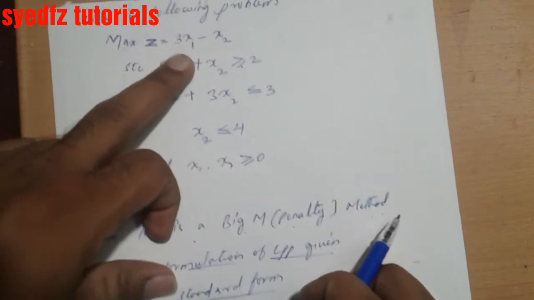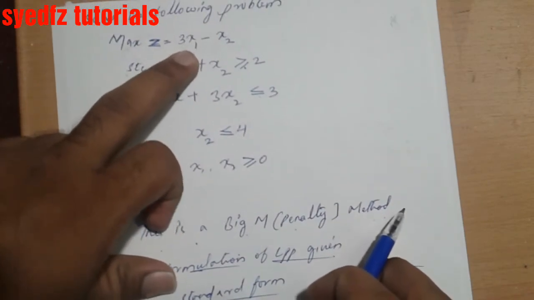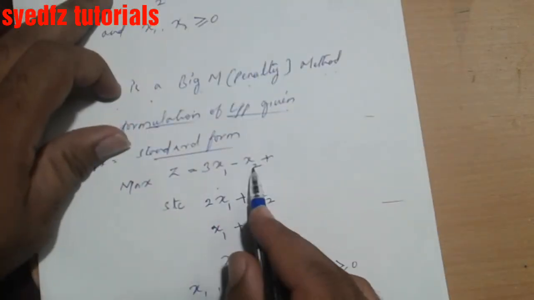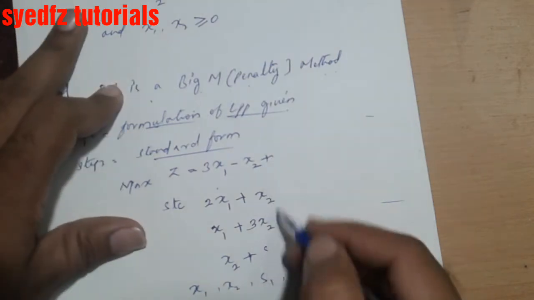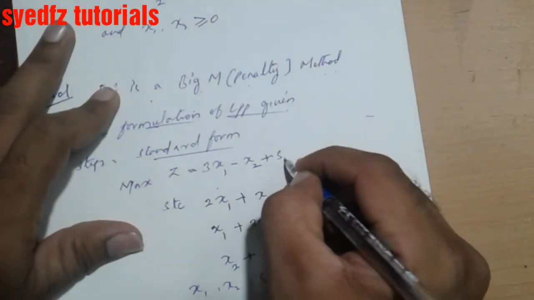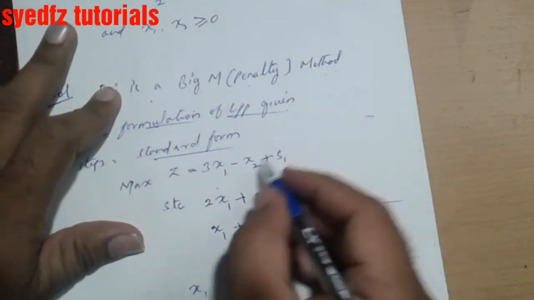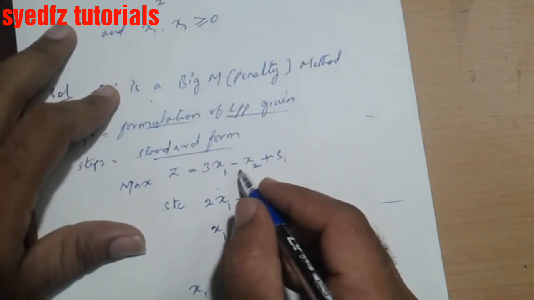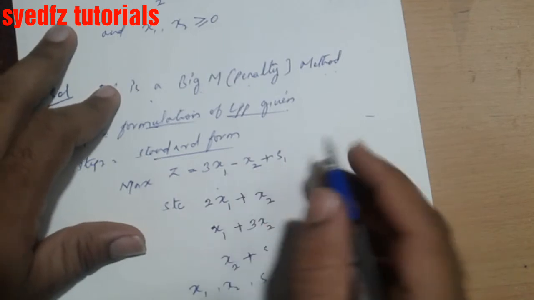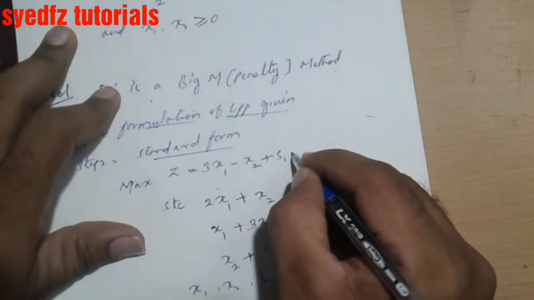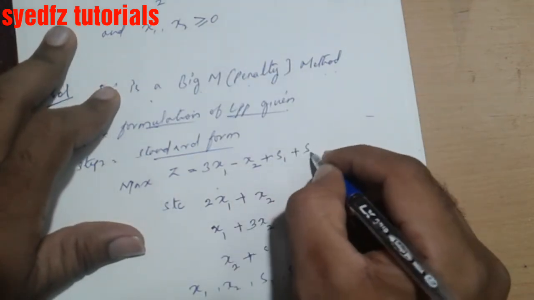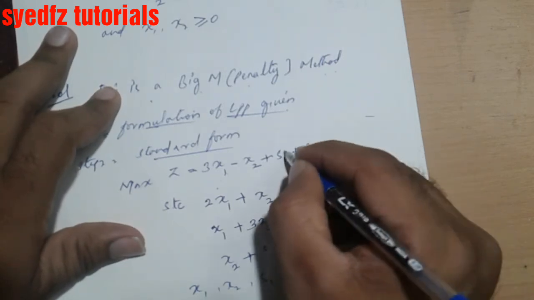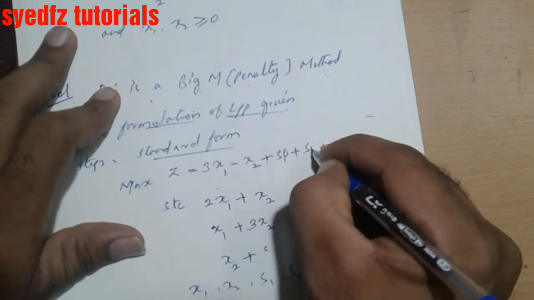For example, the objective function is maximize the profit 3x1 minus x2, plus we have three equations now. So first S1. Here it is given minus, so we are taking S1, then S2, then with that take the zeros.